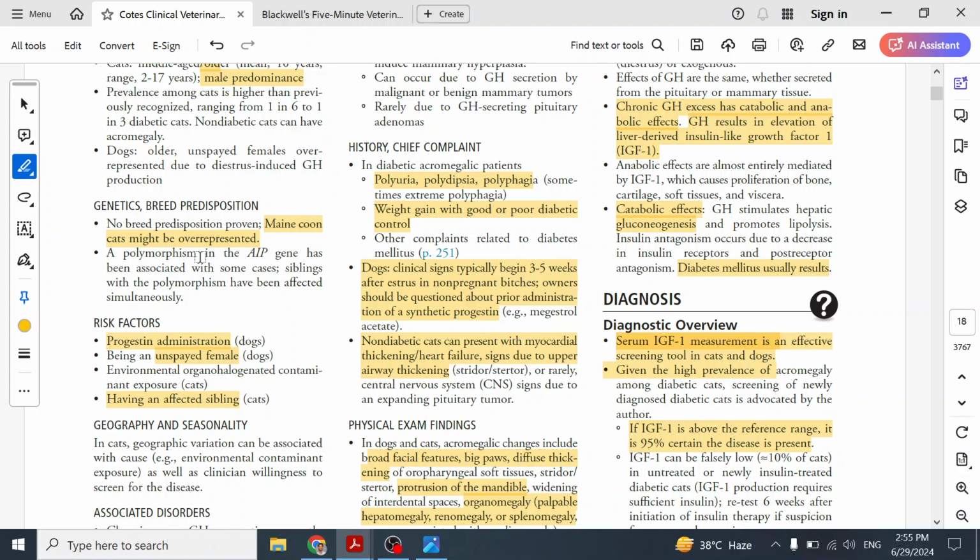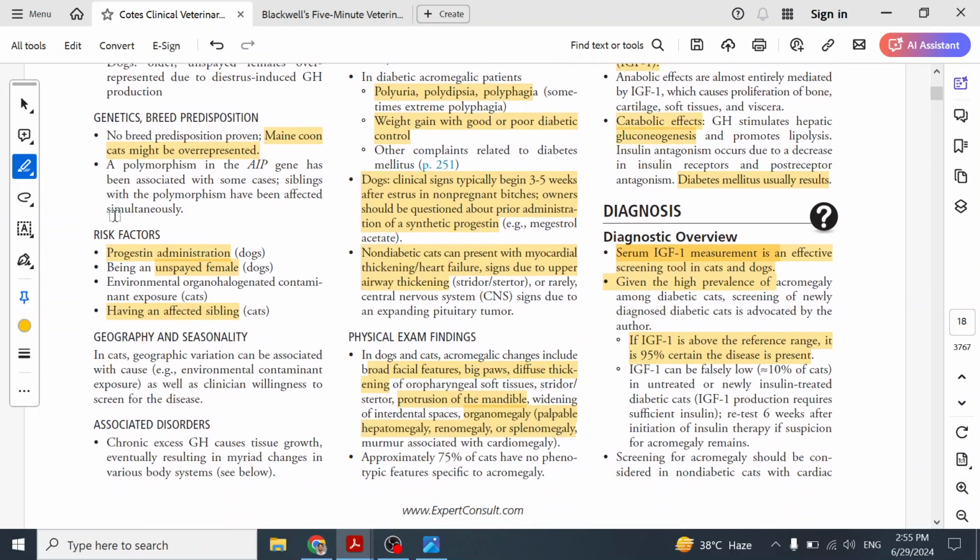The risk factors are progestin administration, being an unspayed female cat, or having an affected sibling.